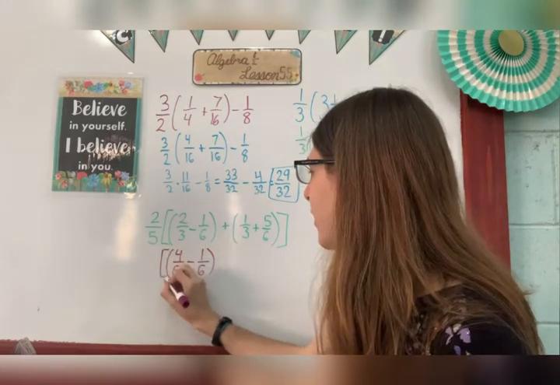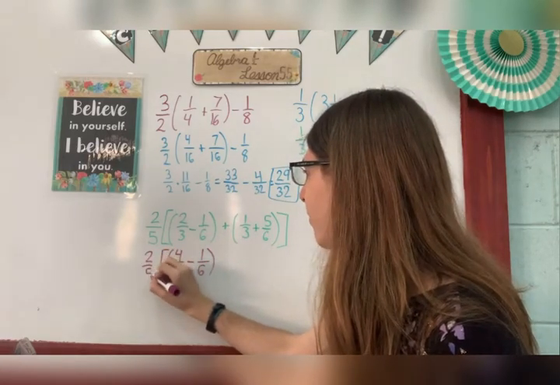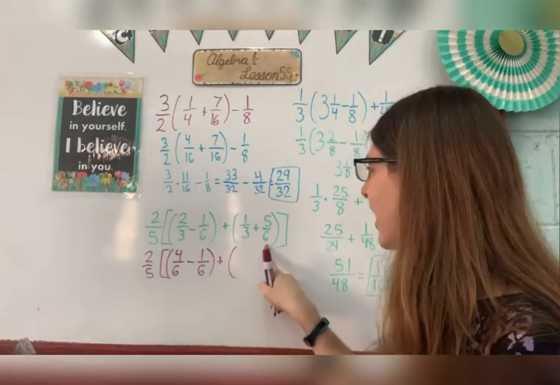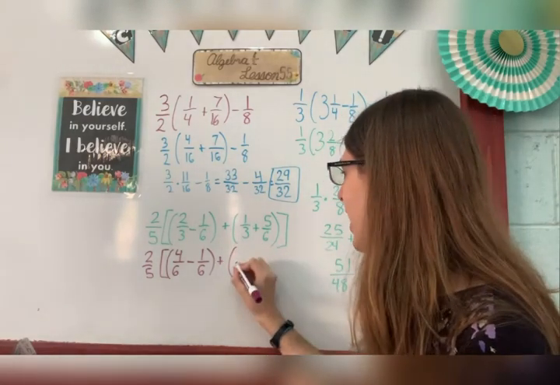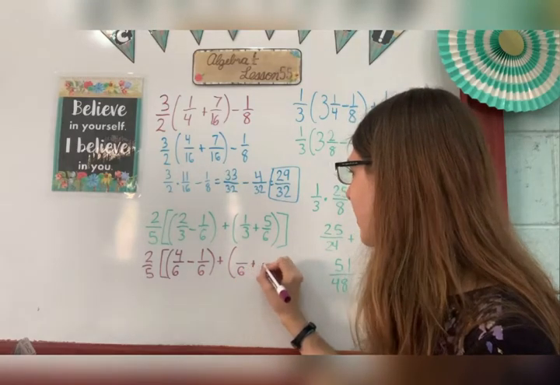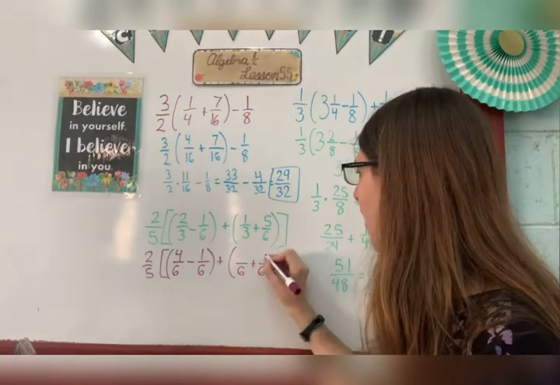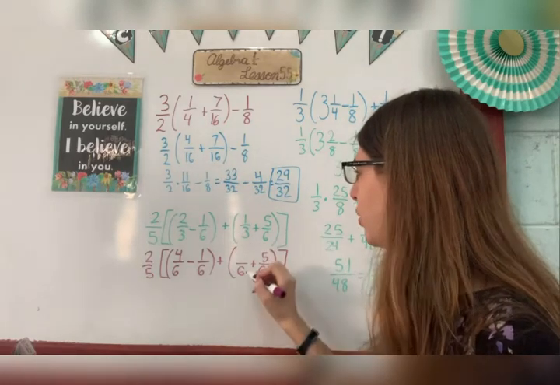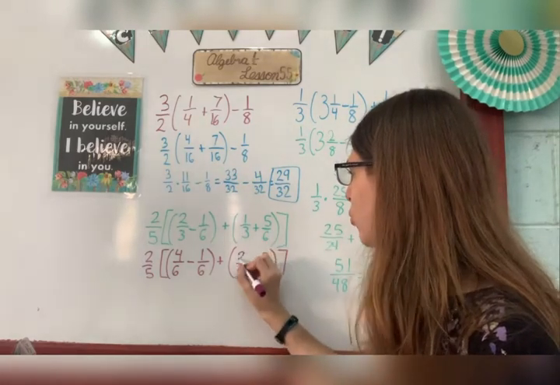Okay, so that's the first one. Now my second one has the same denominator, so I'm going to do the same thing. It's going to be 6. This fraction doesn't change. 3 times 2 equals 6, so 1 times 2 equals 2.